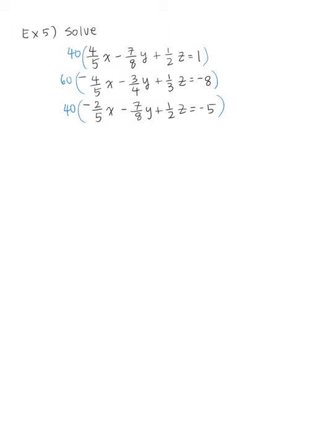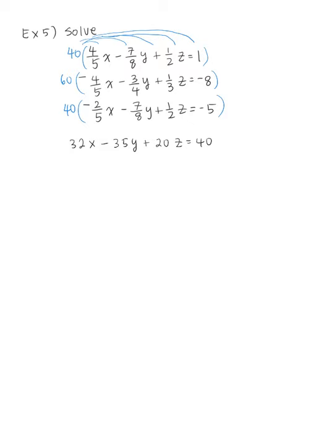Okay, so let me rewrite the system by distributing the 40 to each term, and then 60 to each term, and you know what to do. All right, so let's do it. So first, if I distribute that, what do I get? 32x minus 35y plus 20z equals 40.